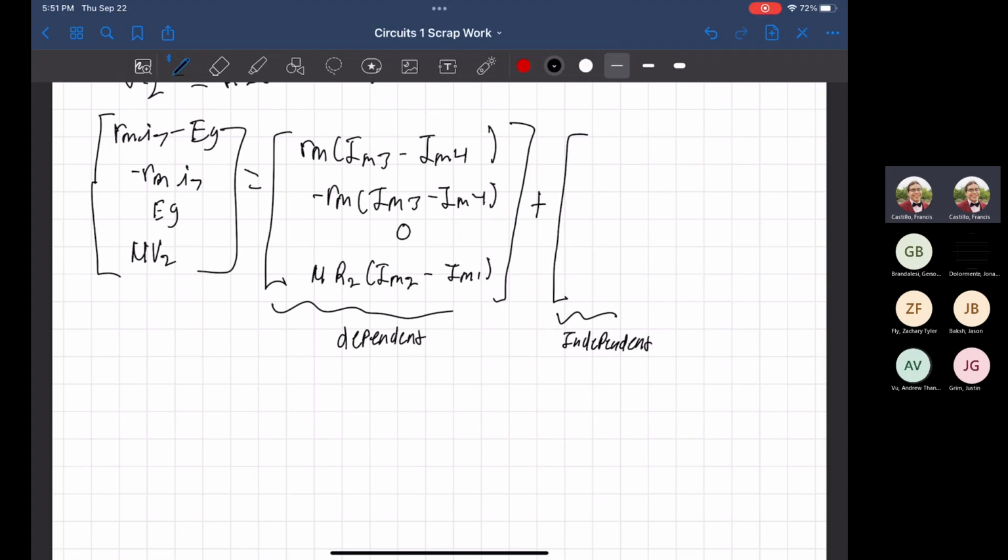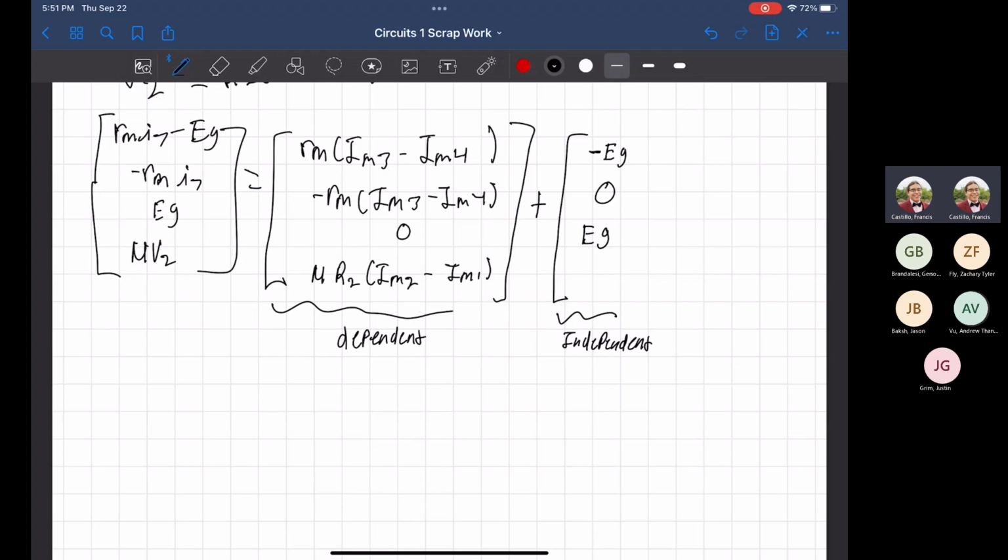Independent. So then we know from our original equation we wrote that EG was involved in mesh 1, and we said that is a negative because it was going against our convention that we set for a mesh. In mesh 2, there was no dependent source, so that would be a 0 there. In mesh 3, there was the appearance of the original source again.